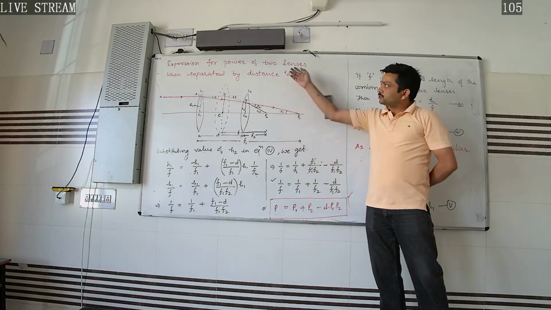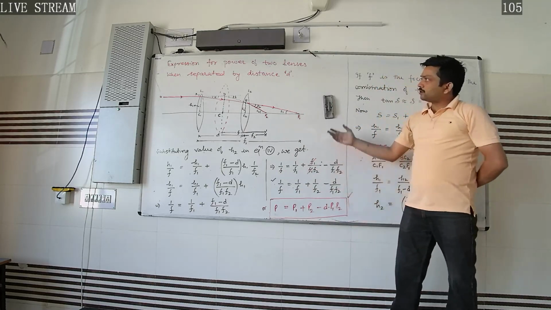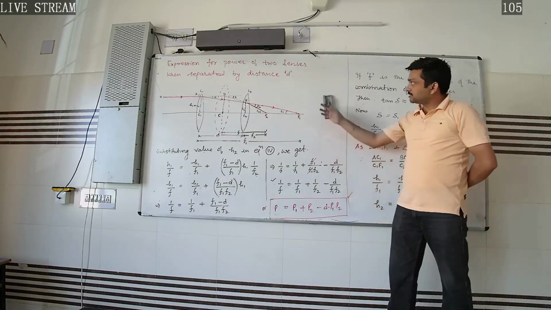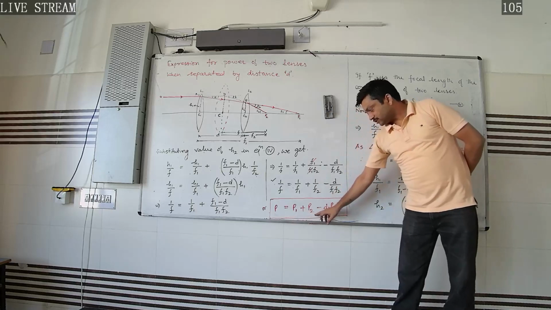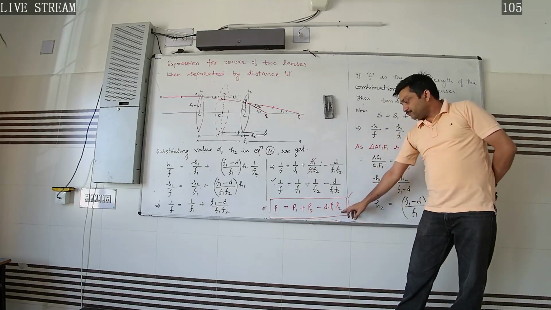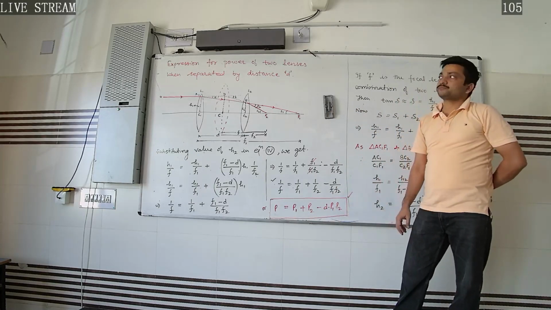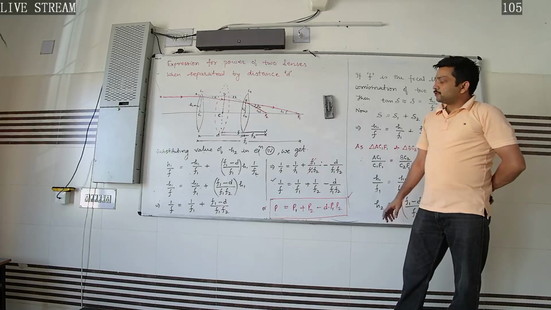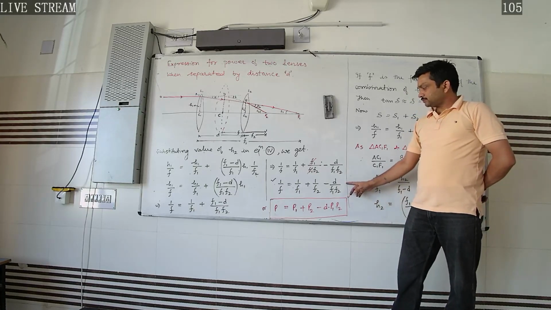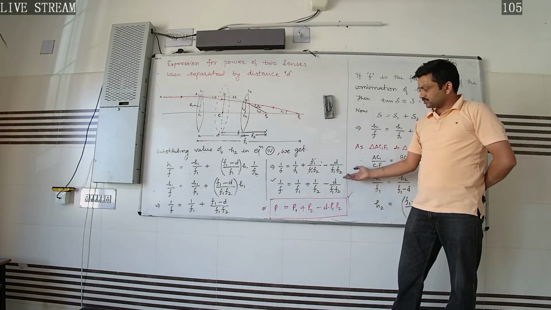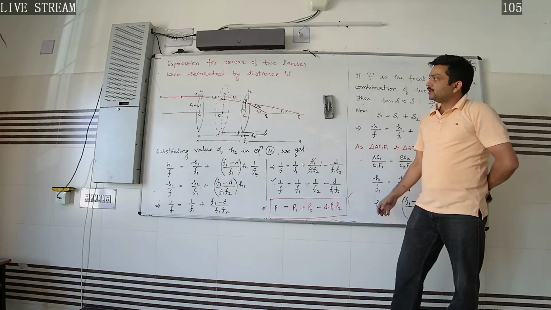Our main aim is to derive the expression for the power of two lenses separated by the distance d. So the required expression is P is equal to P1 plus P2 minus d into P1 into P2. You have to keep this formula in mind while solving numerical problems; in competitions the questions may be there.